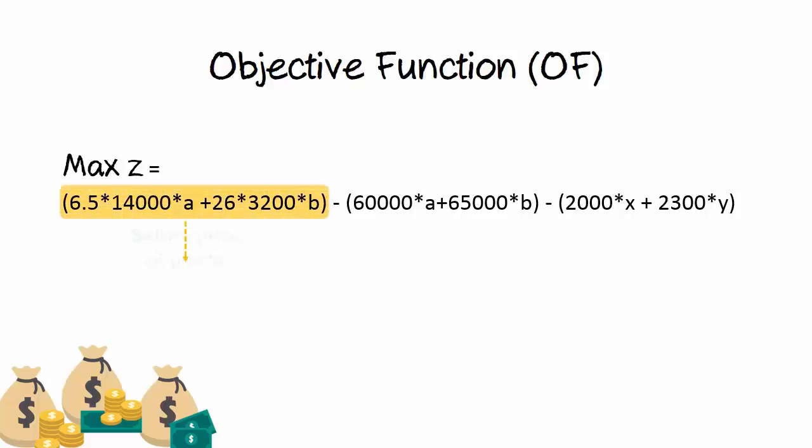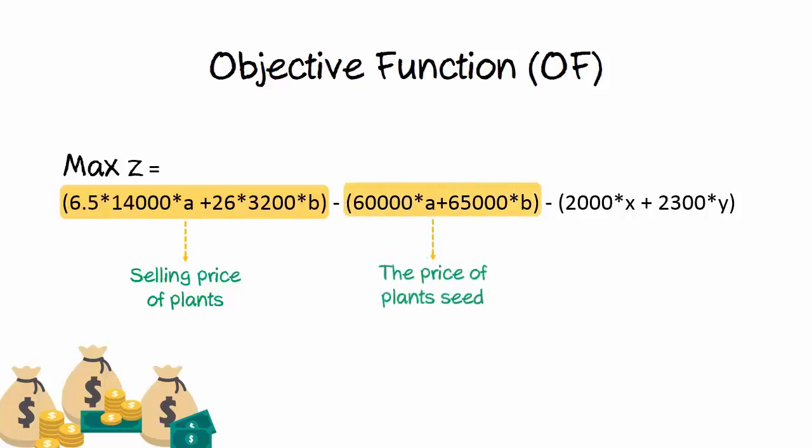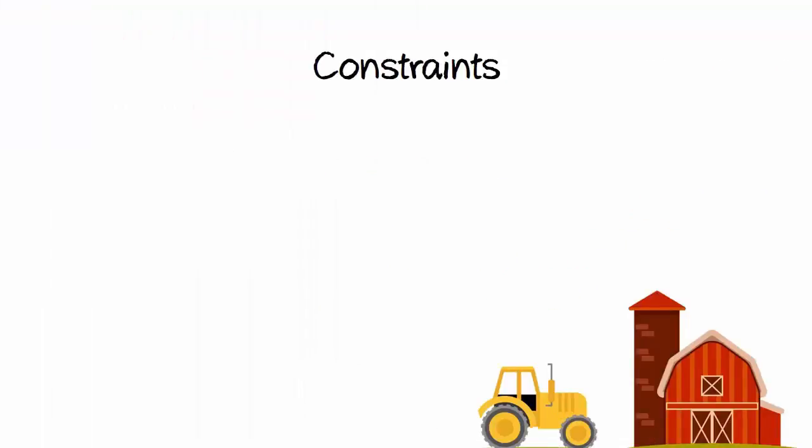This formula has three parts. The first part defines the selling price of each plant, paddy, rice, and corn. The second part defines the price of the seeds used. And lastly, it defines the price of fertilizer to be used.